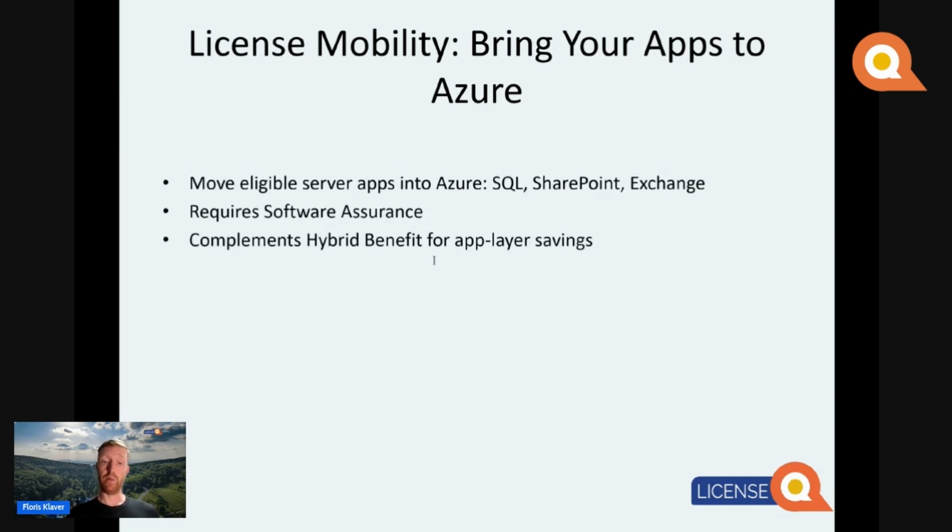The difference between hybrid benefit and license mobility are subtle, but quite important. Hybrid benefit applies to Windows Server and SQL Server licensing. And license mobility applies to server applications layered on top of that. So you have your infrastructure layer through VMs, you have your database layer through PaaS, and then you have your server applications like Exchange and SharePoint on top of that.